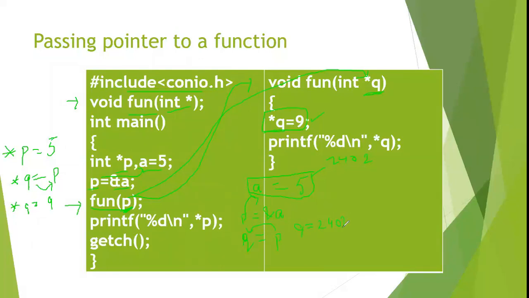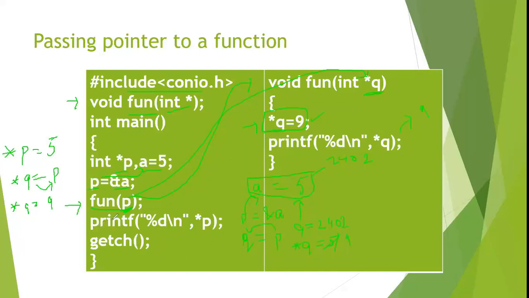In layman's language, I can say q has started pointing to a. So what will be the value at q here? It will be 5. But when I run the statement *q is equal to 9, the new value 9 is assigned in place of 5. So it replaces 5 by 9. And when I print *q, it gives me value 9, right?